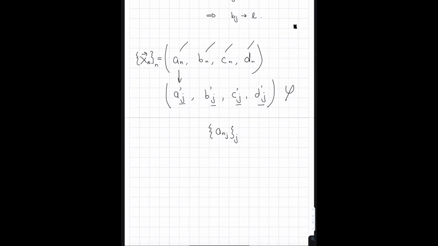So A sub j can be a subsequence of A sub n that converges, while B sub j can be a subsequence of B sub n that diverges. There is no guarantee that they all will converge for the same subscript, and this is the mistake that a lot of students make.